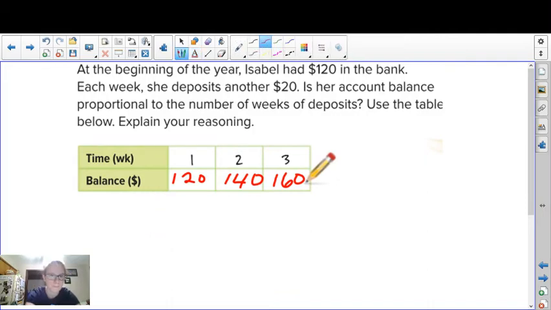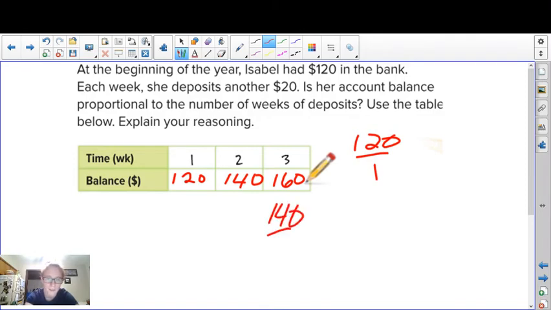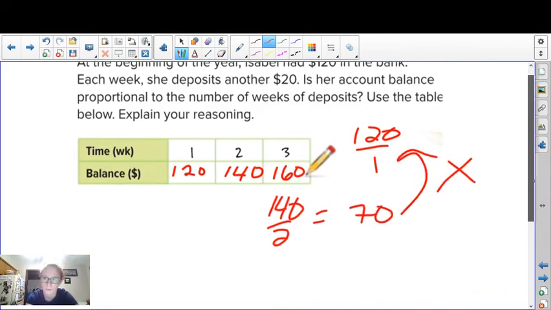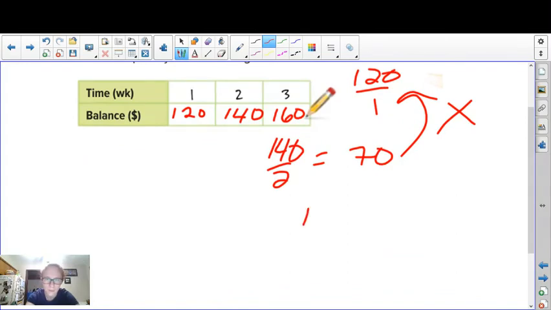Well, I start with $120 in week 1, which can't reduce. Then I have 140 in week 2, but that could reduce down to 70. Not equal. And then in week 3, I have 160, which reduces down to, I divided by 2, not 3.